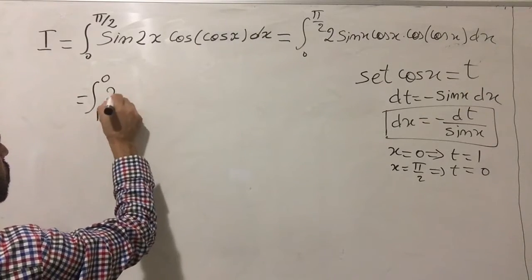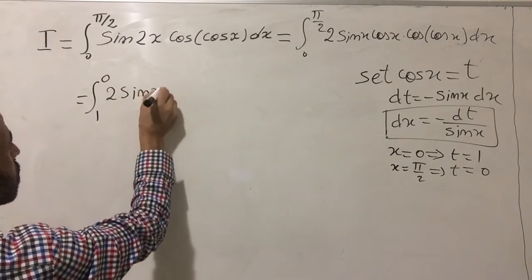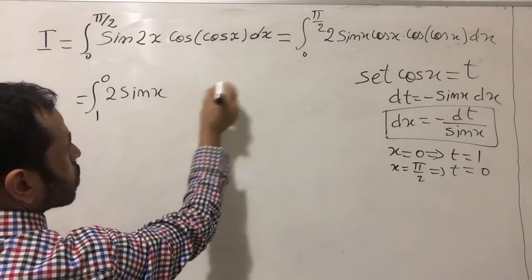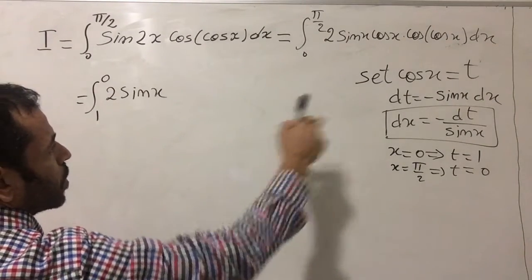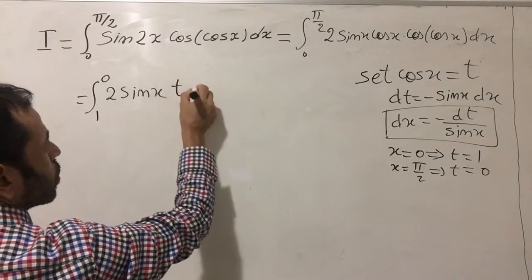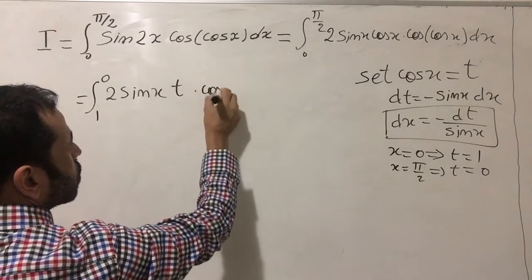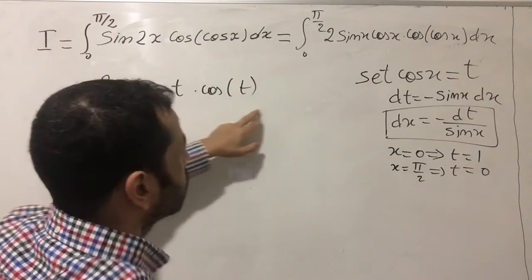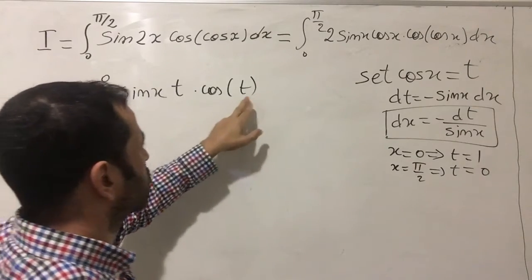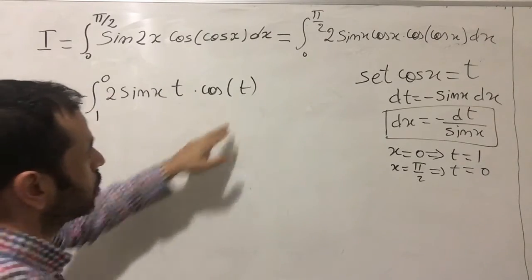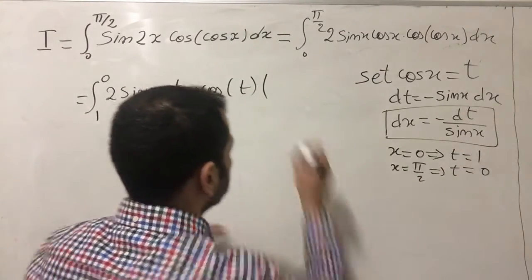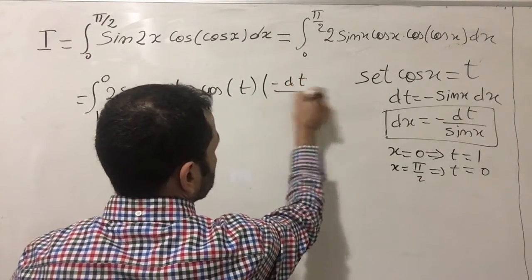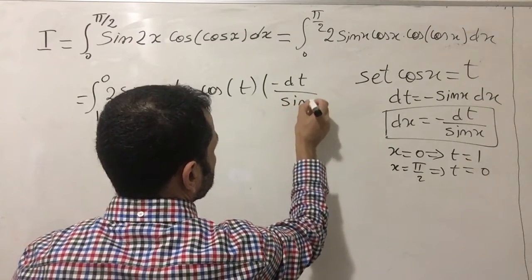And 2 times sine x times cosine x, where cosine x will be replaced by t, multiplied by cosine of t because I'm replacing cosine x inside the cosine by t, multiplied by minus dt over sine x.